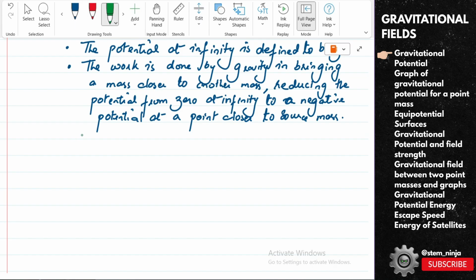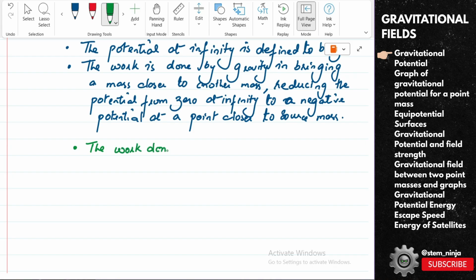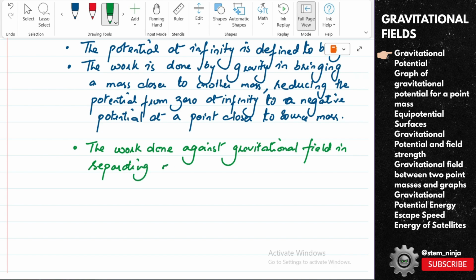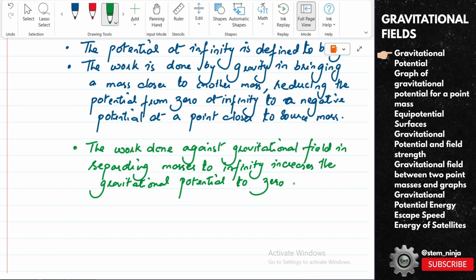The other way you could rewrite the second point is that the work done against the gravitational field in separating masses to infinity increases the gravitational potential to 0 at infinity.